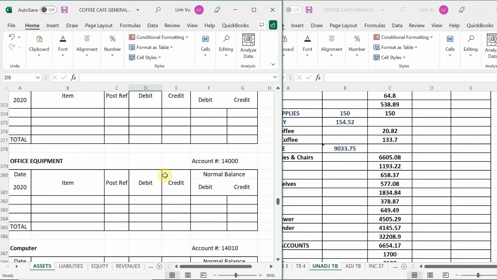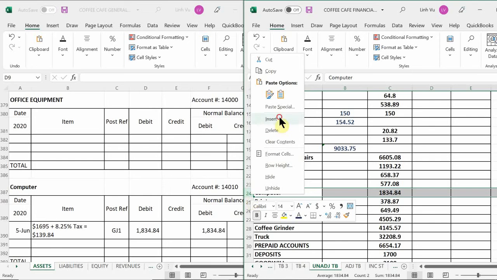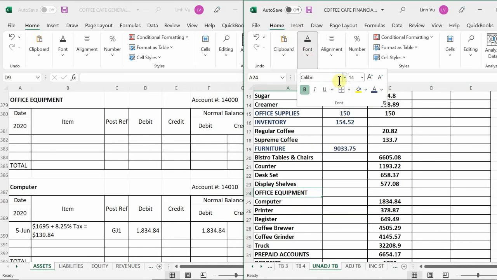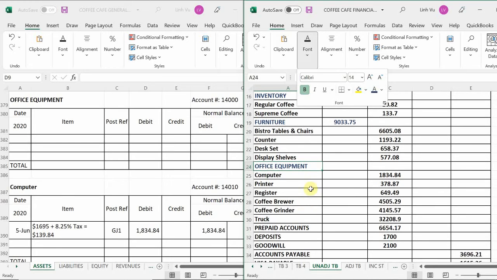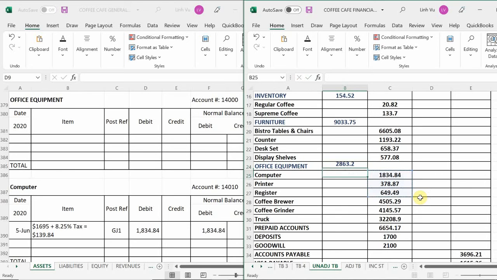Okay. Then we have our office equipment, which is my computer, printer, and cash register.